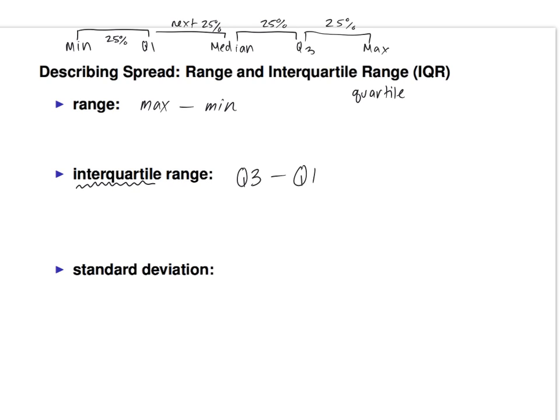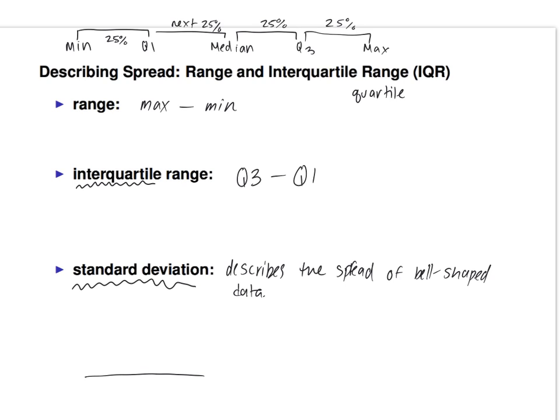Okay, and then standard deviation. Maybe you haven't heard this before, but it describes the spread of bell-shaped data. We briefly discussed that sometimes things take on this bell shape, and gosh, I wish I was better at art.